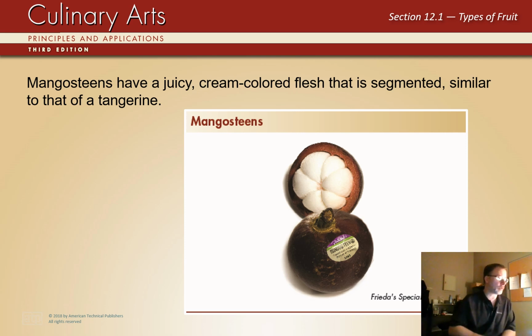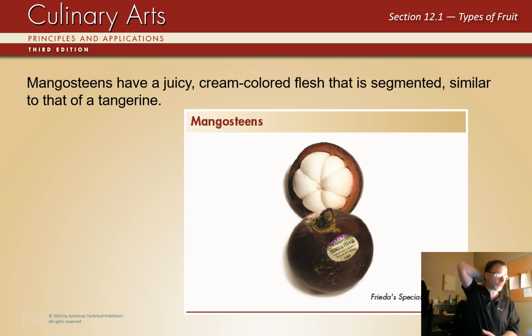Mangosteens. I'm not familiar with this one. You might be familiar with these. I'm not. It's not something that is available in our area. It's about the size of an orange. Has a hard, thick, dark purple rind that is inedible. Underneath the hard rind is an inedible red membrane that encloses a juicy cream-colored flesh.